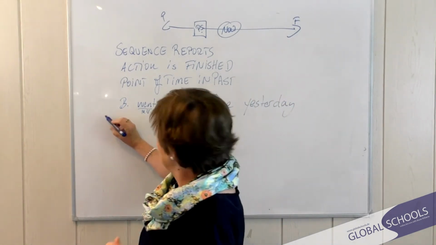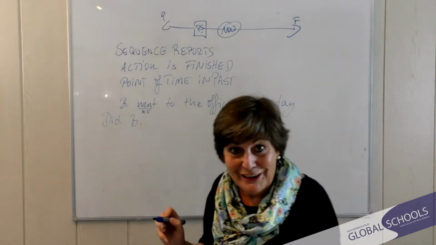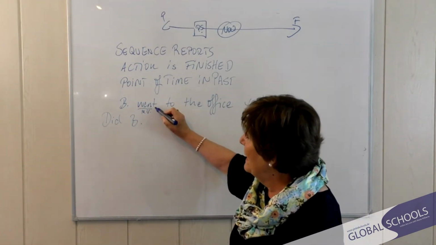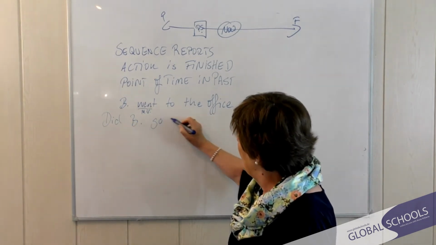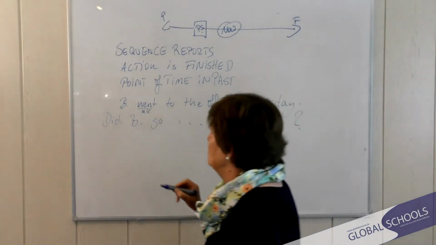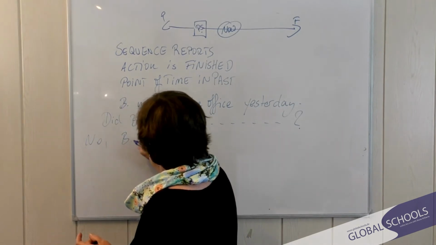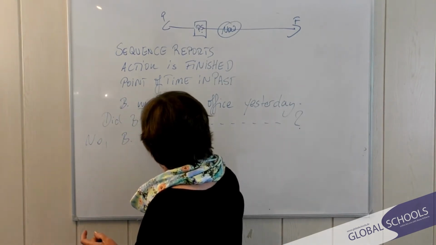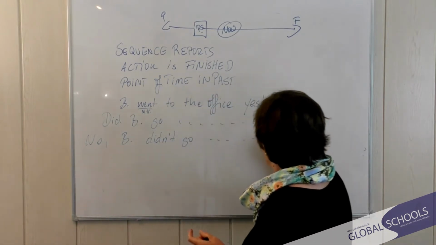So how do I make the question? Did Barbara, and here it comes, we don't use went anymore because I have did here. Did Barbara go to the office yesterday? No. I say no. Barbara didn't go to the office.